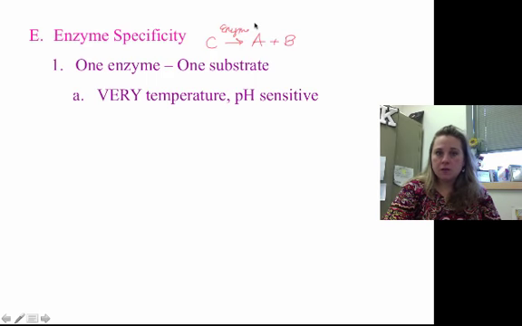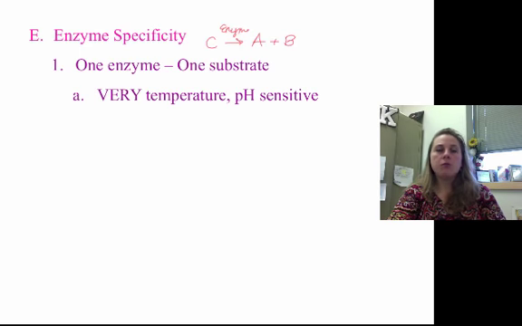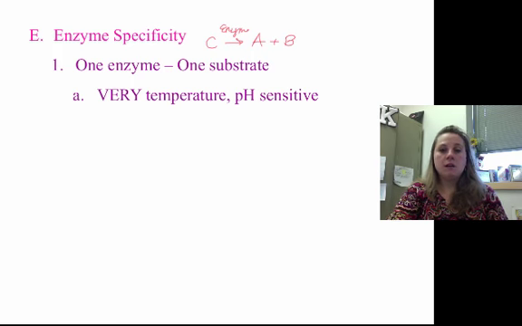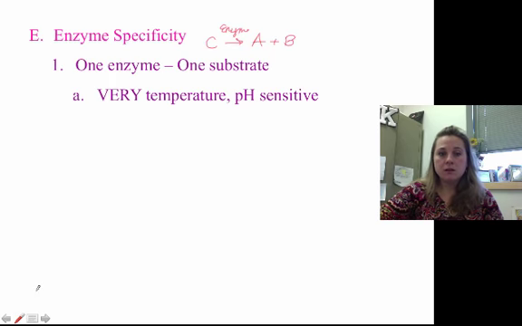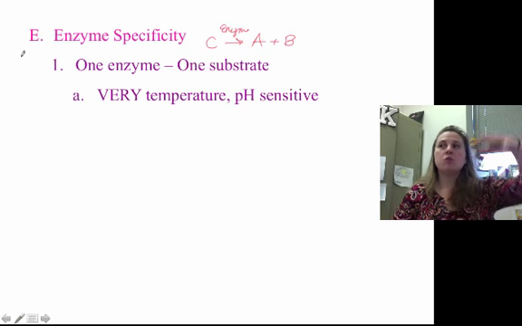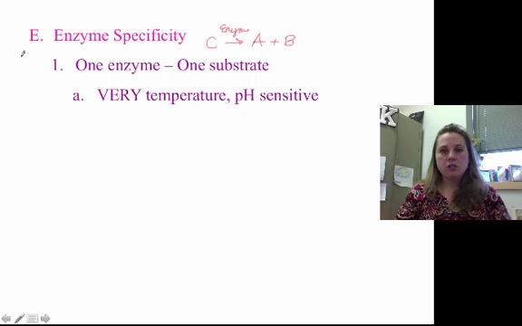And because they are proteins, and this is a property of proteins, they are very temperature and very pH sensitive. As a protein, if alterations happen outside the normal, if the temperature goes really, really high, the protein shape falls apart. It loses that really, really important shape that it has.